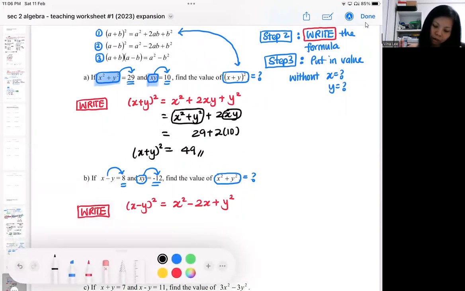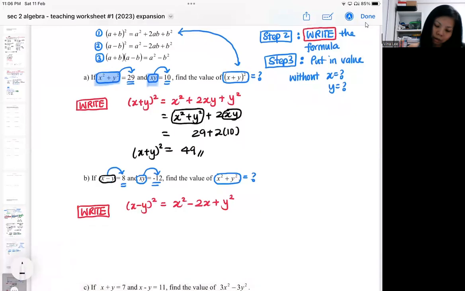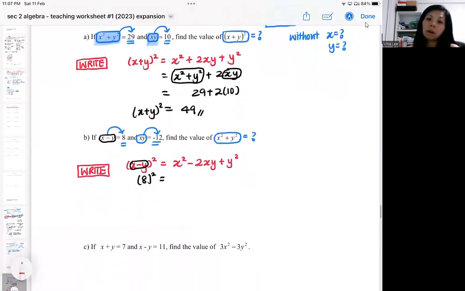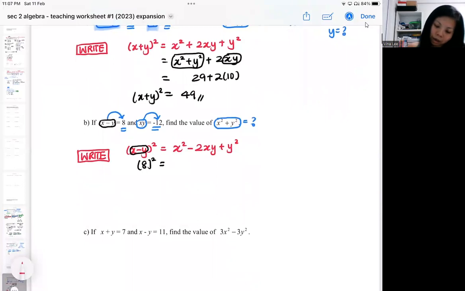So what can I insert? Do you realize this portion is the 8? Sorry, I wrote something wrongly. Forgot to write the y. So you insert the x minus y as 8. I cannot be inserting x, but I can insert the xy. The xy is a minus 12.